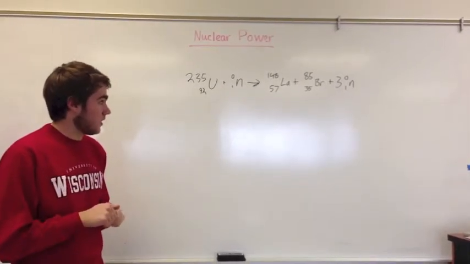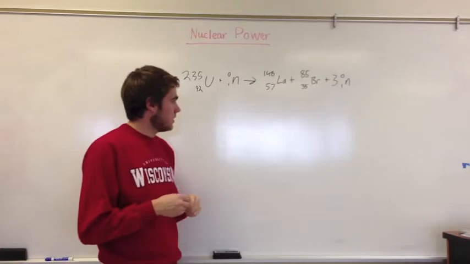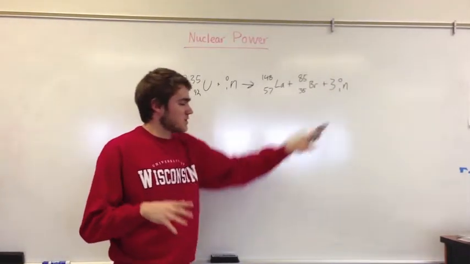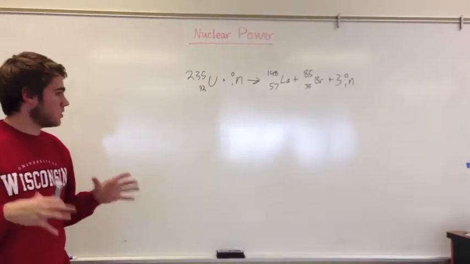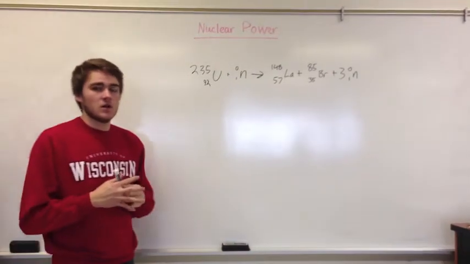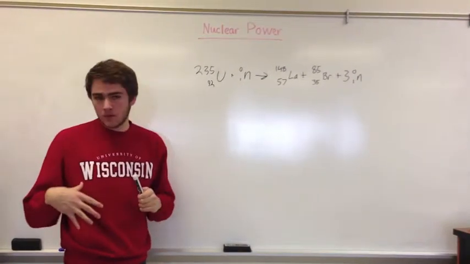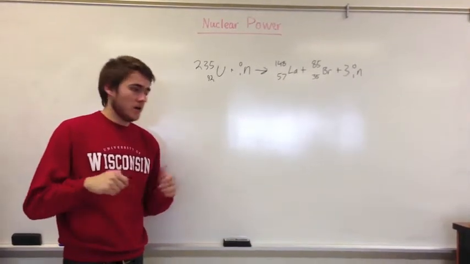Typically they'll range from 2 to 3, and that's ideally what you want to keep the chain reaction going at a sustainable amount.